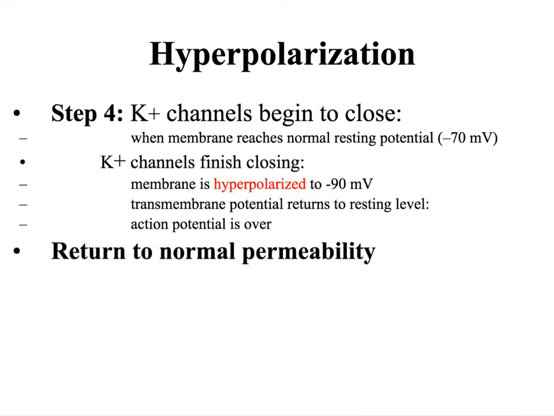So after you've repolarized, the potassium channels will start to close as soon as it's reached normal resting membrane potential, and you move into a phase known as hyperpolarization. So again, if you think of your chart, you've got resting membrane potential, you've got depolarization, then you've got repolarization.